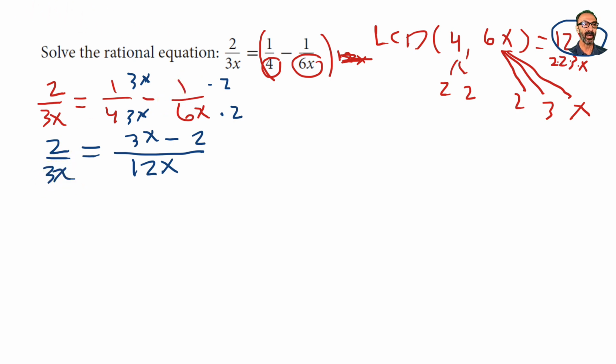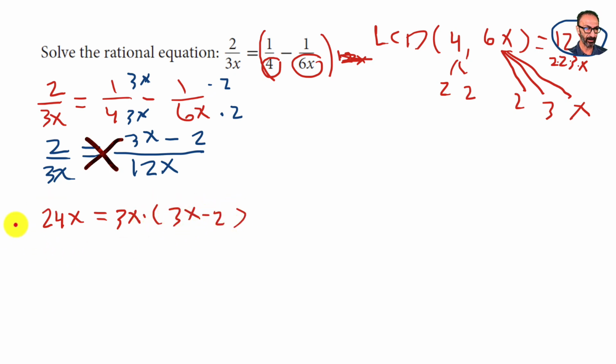Then we could go back and do the method that we saw in part A in one of the problems, and do the cross product. So by doing the cross product, I have 2 times 12x, which is 24x, equals, on the right side, 3x times 3x minus 2.